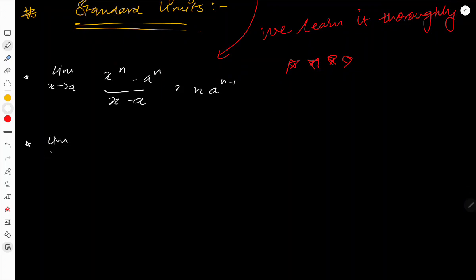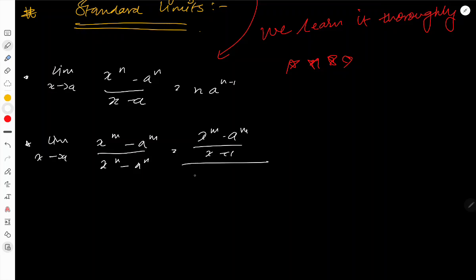Second one is limit x tends to a, x to the power m minus a to the power m upon x to the power n minus a to the power n, which can be written as x to the power m minus a to the power m upon x minus a, upon x to the power n minus a to the power n upon x minus a. Now we can individually put this formula and we get m upon n a to the power m minus n.